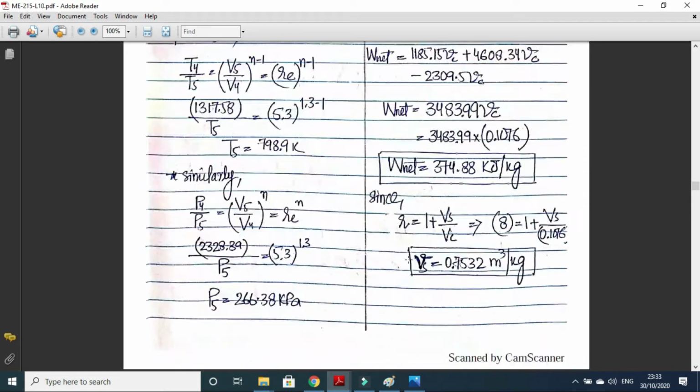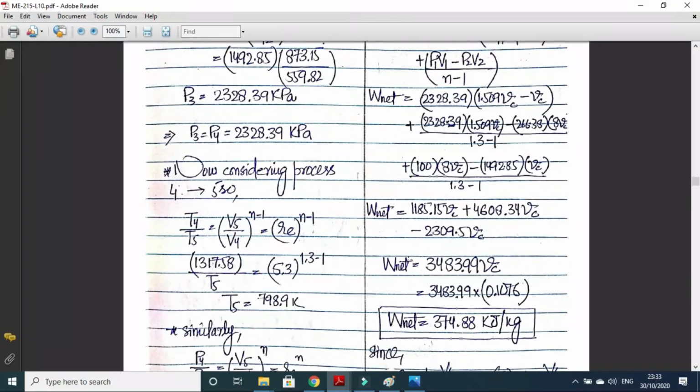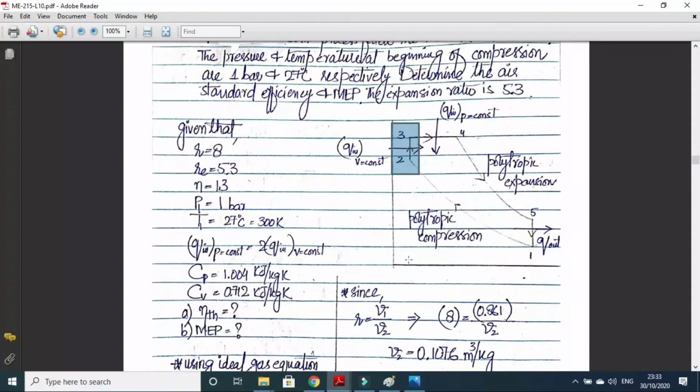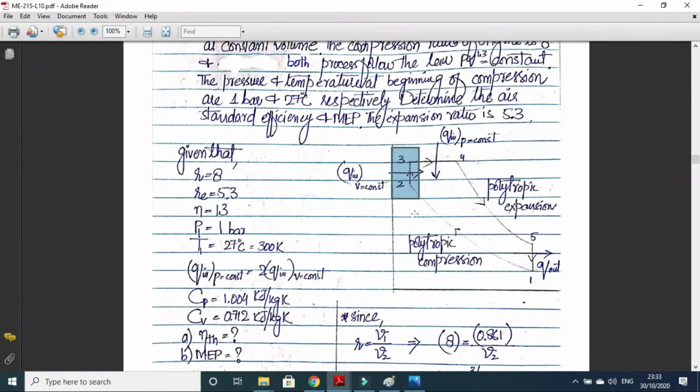So the thing is that we cannot use this approach in this numerical, because the problem is that the compression and expansion are polytropic, and you know that in the ideal cases the compression and expansion processes are adiabatic, sorry, isentropic.